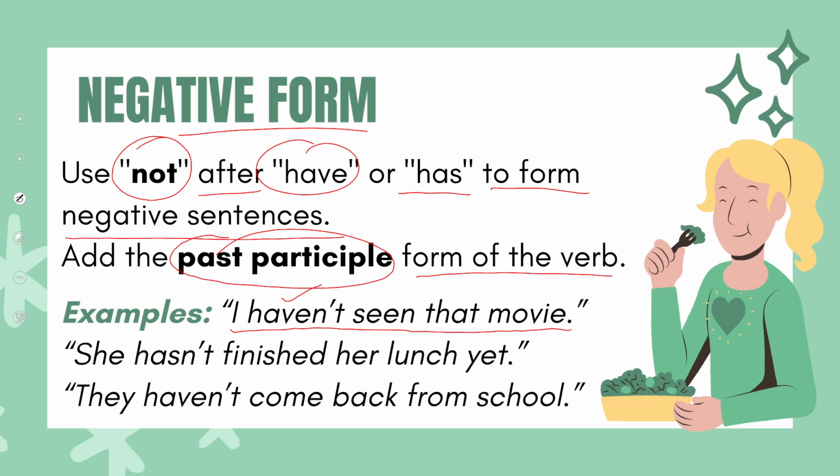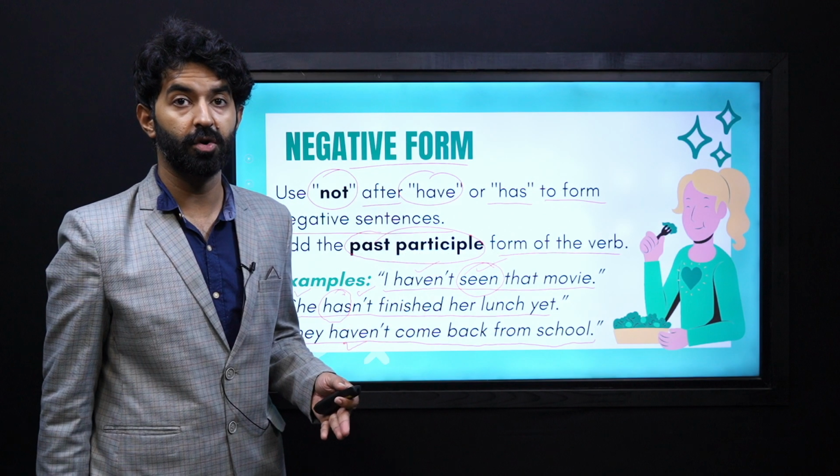So we added not after have, and then our past participle form of the verb seen, and then the later part of the sentence. Next one is she hasn't finished her lunch yet. She has not. So we put has because it is she that we are addressing, and then we added not after that. They haven't come back from school. This is also a contraction of have not, which we call haven't.